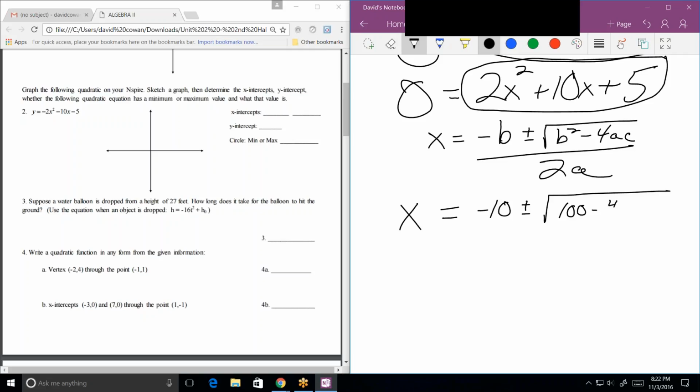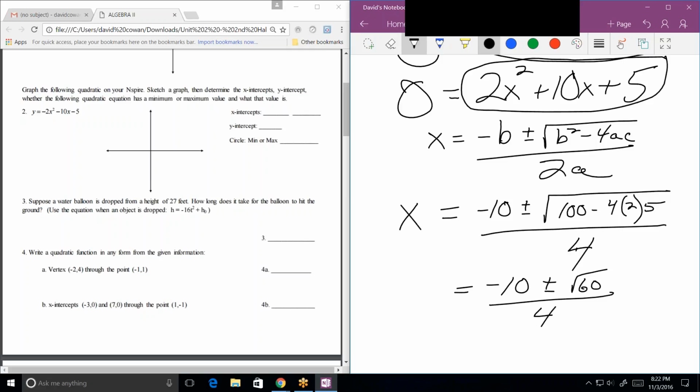Minus 4 times 2 times 5, all divided by 4. Okay, what's that? That is 40. So inside, in other words, the discriminant ends up being 60. So let's write that. Square root of 60 all over 4.